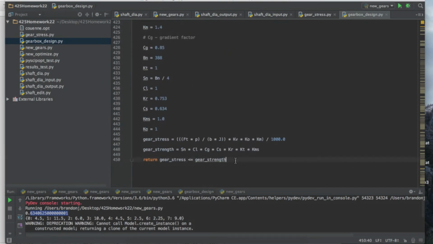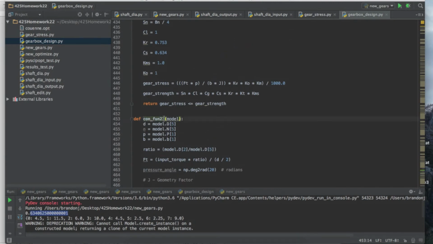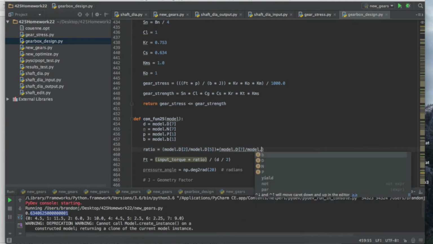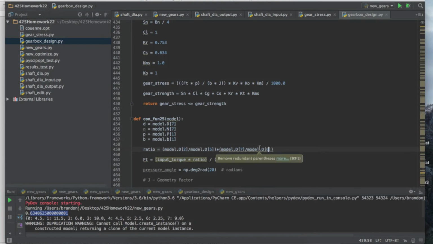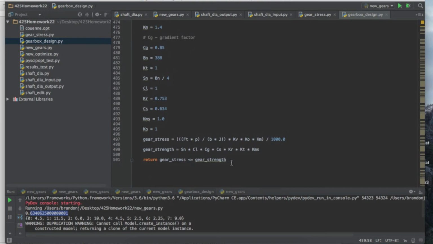Only 2 left, and then we can solve the problem. Function 25, gear 7. Now gear 7 is a slightly different ratio, model.d7 divided by model.d6. Okay, so that is gear 7.